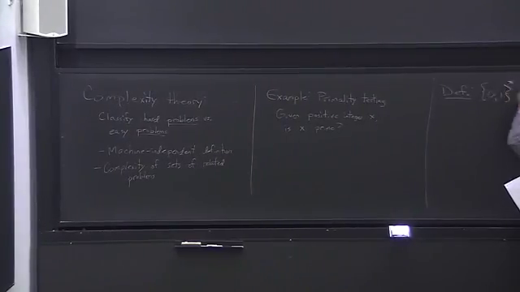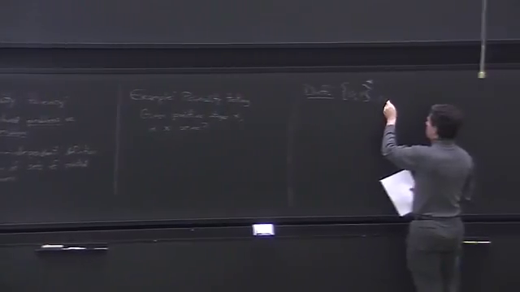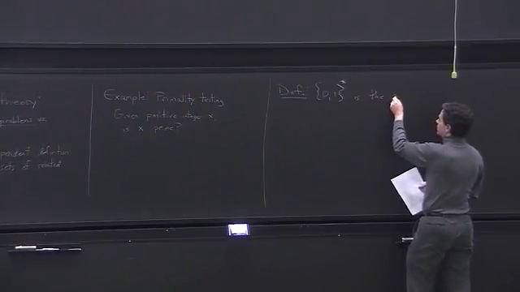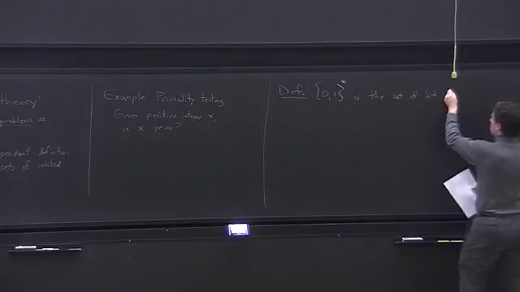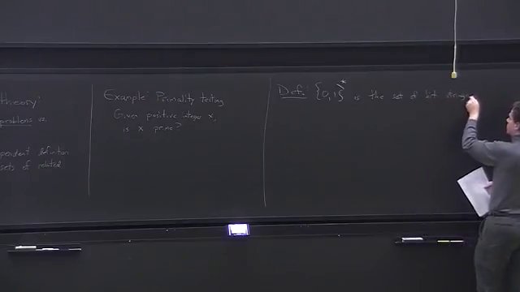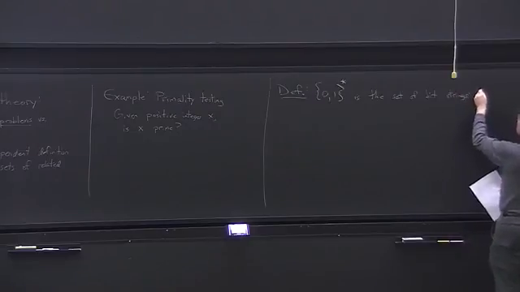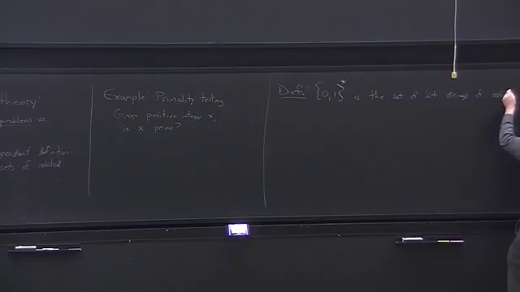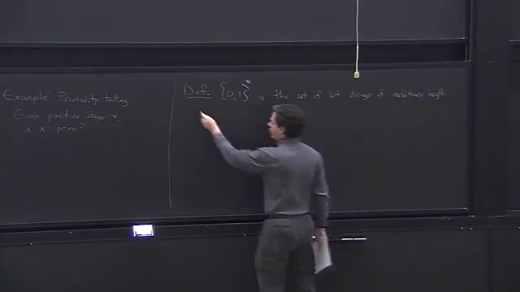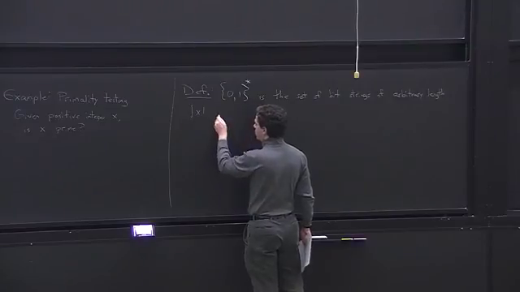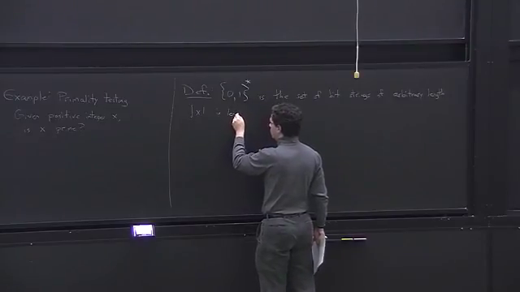And when I put the star up here, it's the set of bit strings of arbitrary length. And then this absolute value notation gives the length of a bit string.